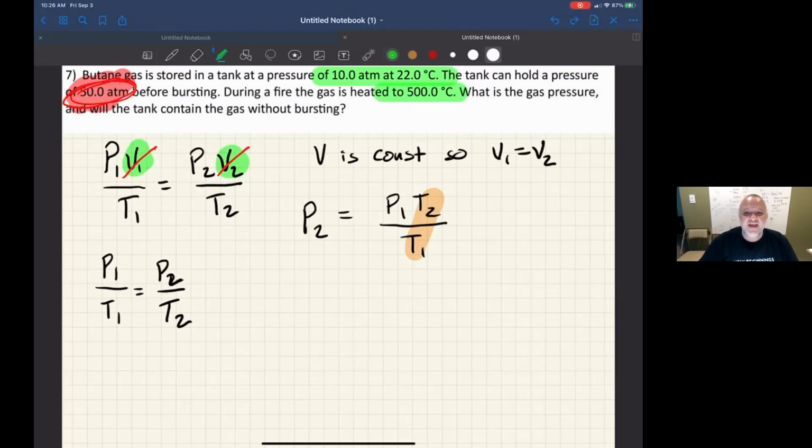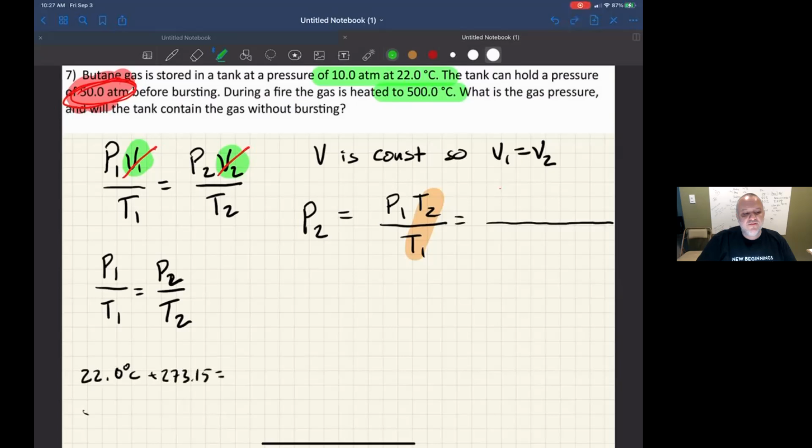And the reason is that in the Celsius scale, negative values are possible. And so the ratio of Celsius is not the same as the ratio of Kelvin. So we really do need to change it to Kelvin. And so we can't do this. And so let's go ahead and change the temperatures to Kelvin.